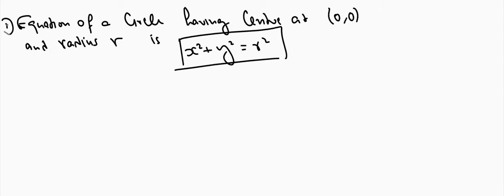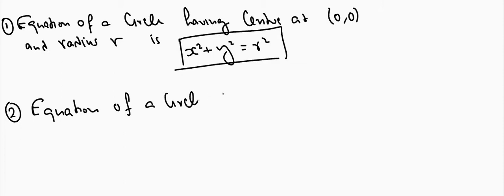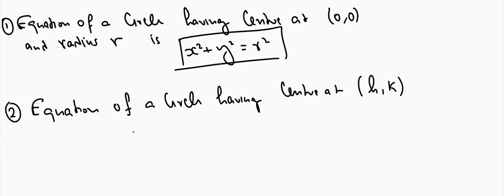The next equation is the equation of a circle having center at (h, k), the ordered pair h, k, and radius r.